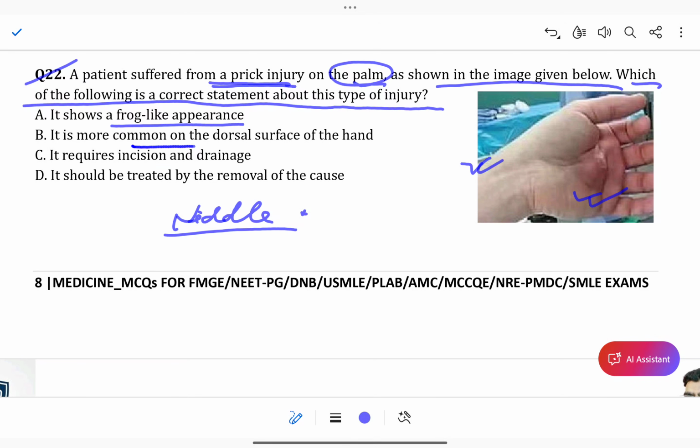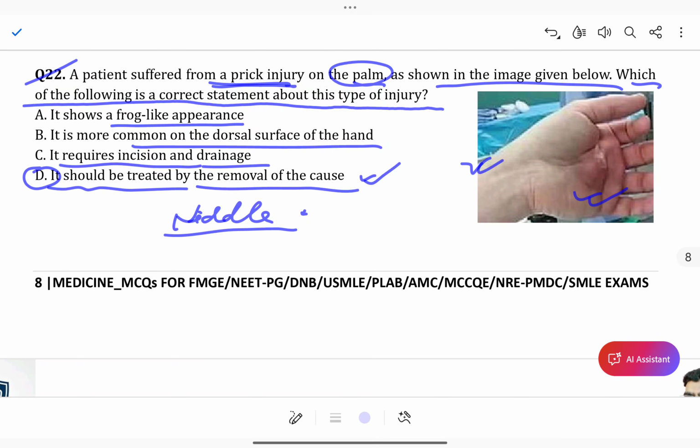No. It is more common on the dorsal surface of the hand? No. It requires incision and drainage? Just wait. It should be treated by removal of the cause. Yes. First of all, something pricked inside your palm, so you remove that needle or thorn, and then give symptomatic treatment.